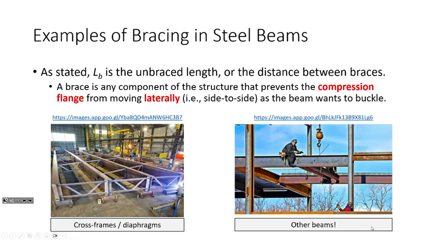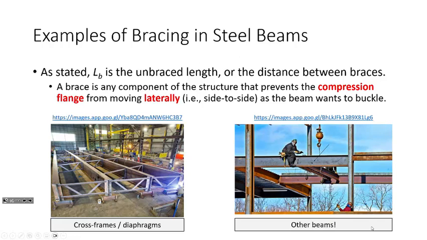So in bridges, the most common example of discretely braced elements are girders with their associated cross frames. The cross frames serve as the braces. That's what you find in bridges. In buildings, what you find is the other beams.